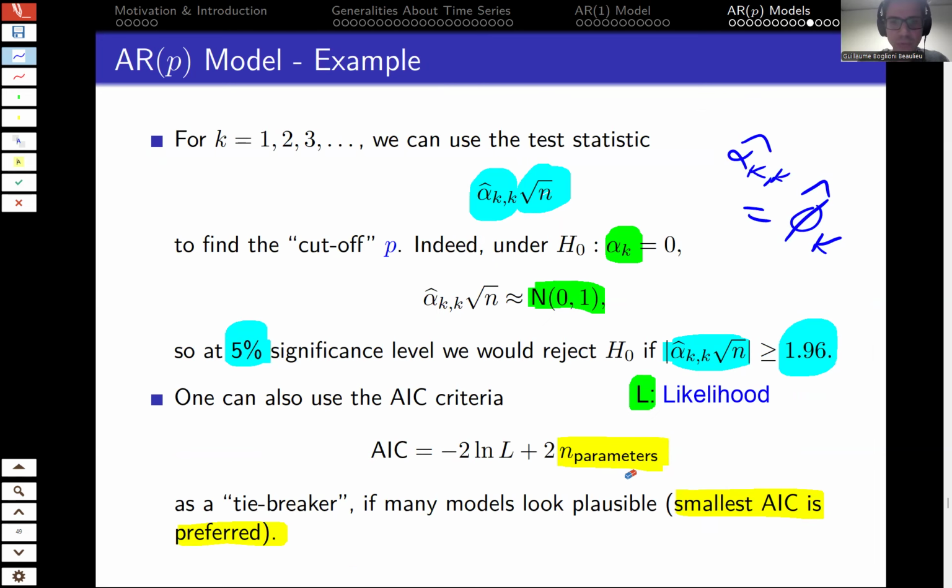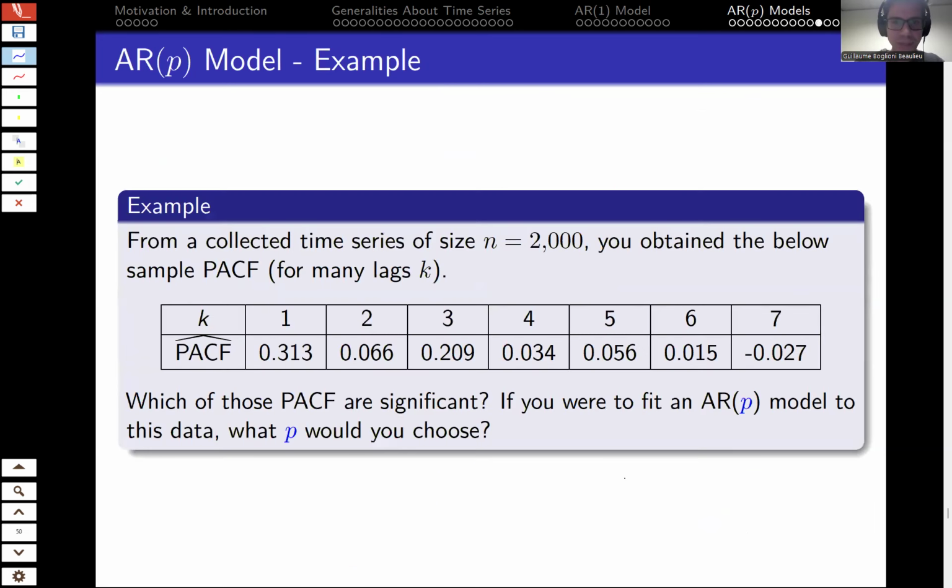Now, let's review this fitting with an example. You have collected a time series of size n equals 2000, and you obtain the below sample partial autocorrelation. Here we denoted them partial autocorrelation hat, but we could have called this phi hat k.